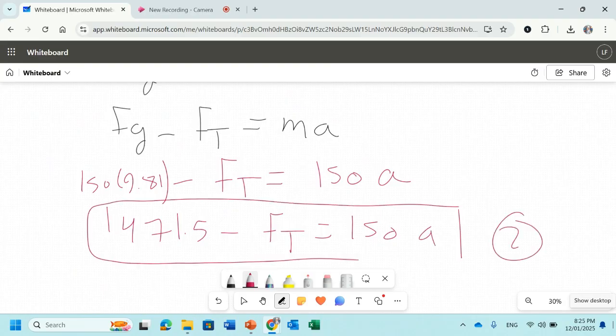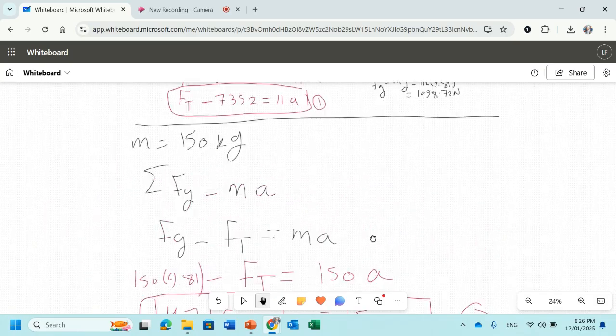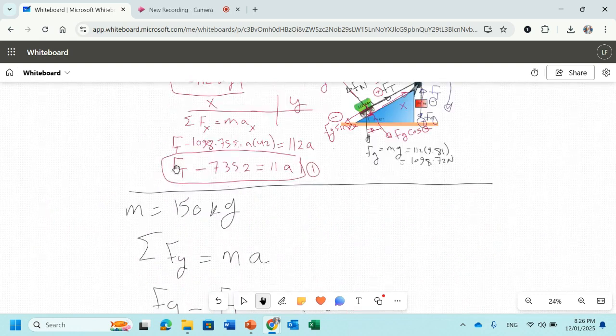Now we have two equations with two unknowns. Since we have the same rope, it means the same tension force and the same acceleration. In equation 1 we have Ft and acceleration. So we need to solve these equations simultaneously. We can use either substitution or elimination. To use elimination, one of the variables should be the same but with opposite signs.